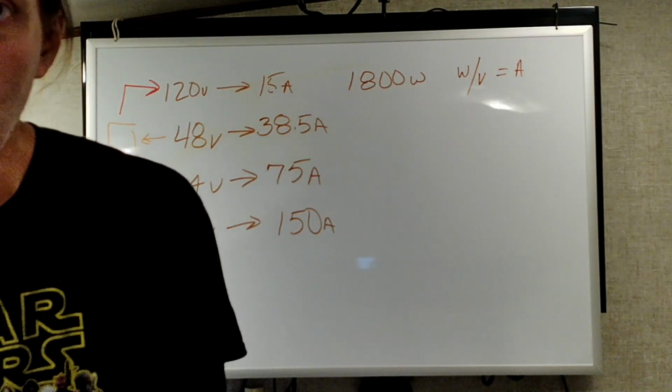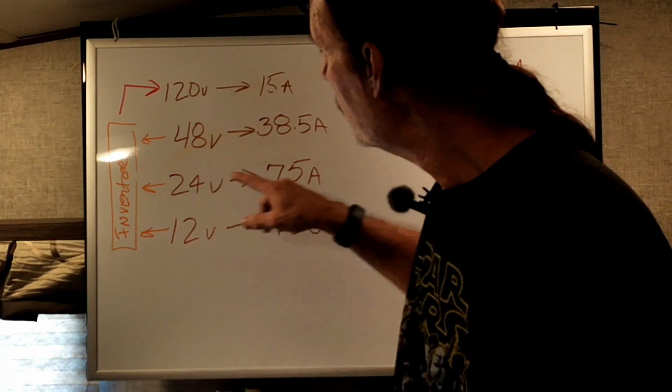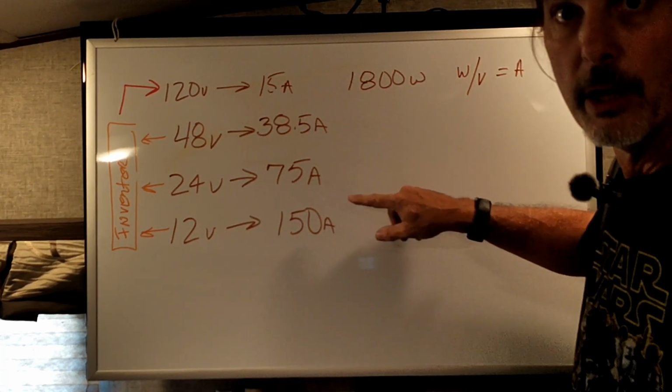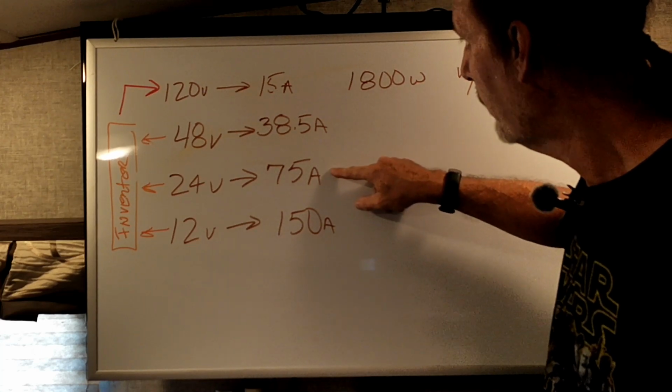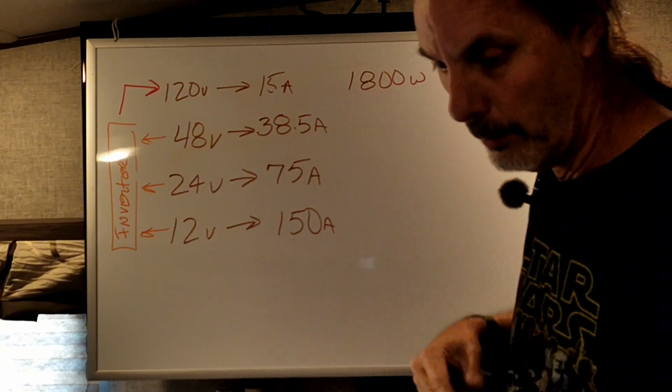Then you can determine how many wall outlets you need, and from how many wall outlets you're looking to get, you can determine which system you're looking for, whether that's a 12 volt, a 24 volt, a 48 volt, or a 120. Or, obviously, we all want 120.